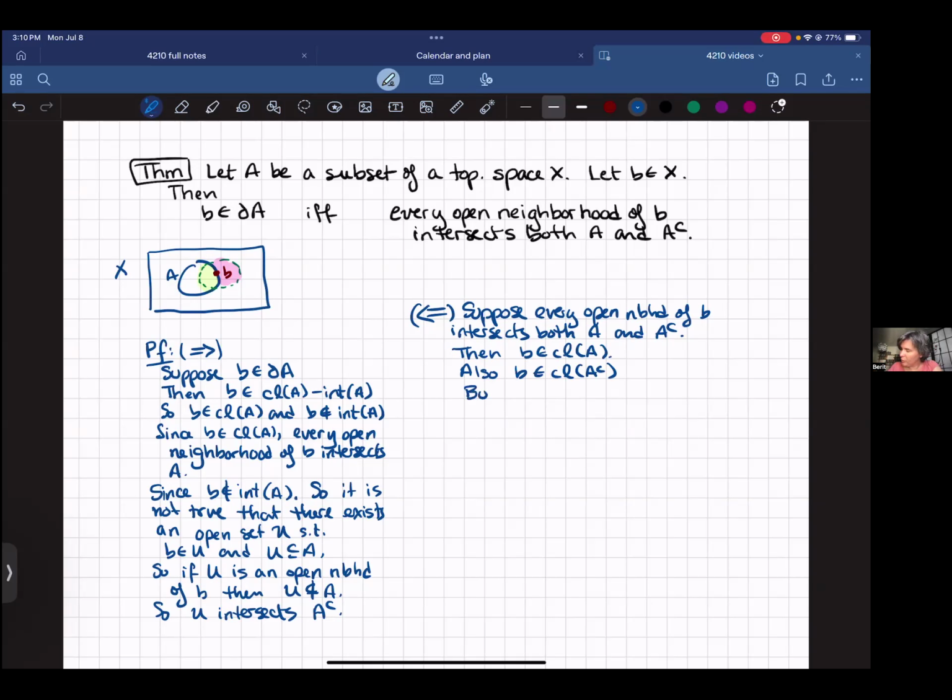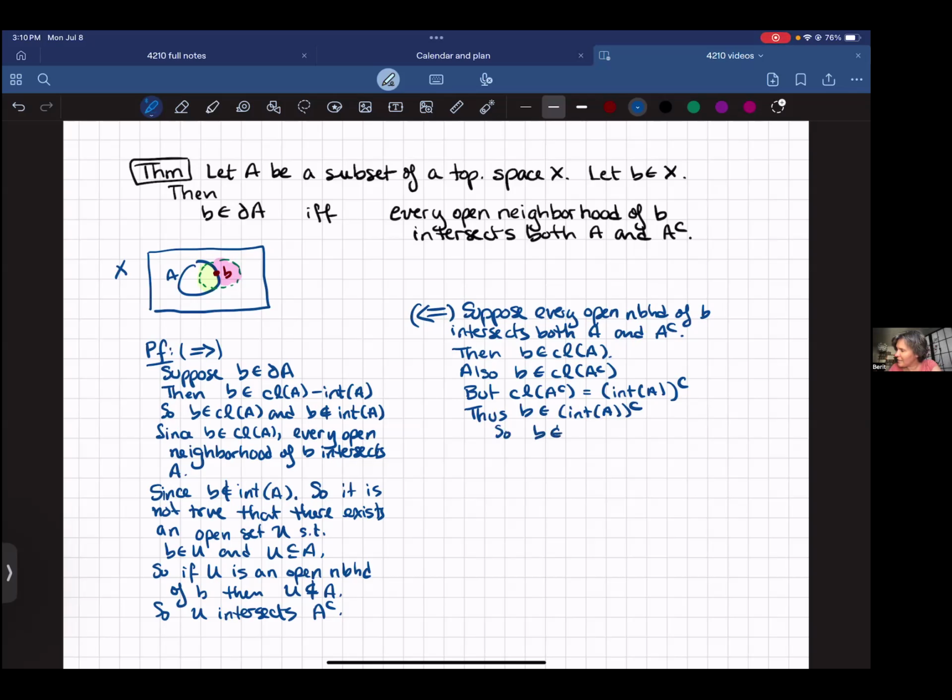But we also have a theorem that says the closure of A complement is the complement of the interior of A. Thus, B is in the complement of the interior of A. But the meaning of being in a set complement means you're not in the set.